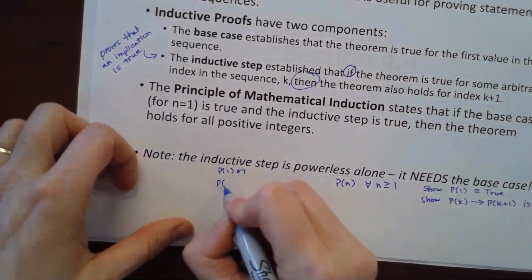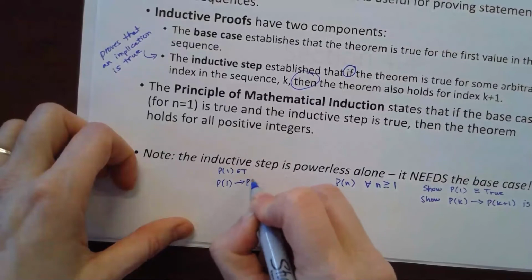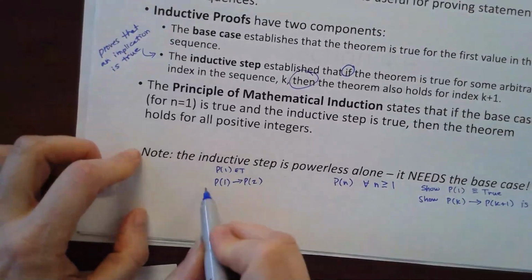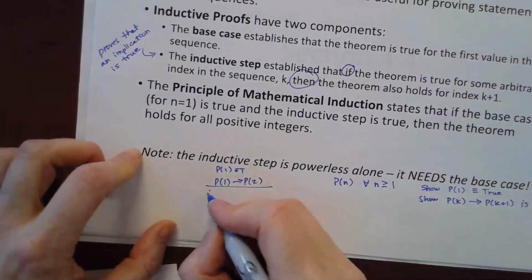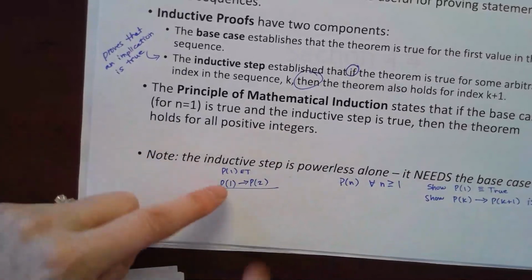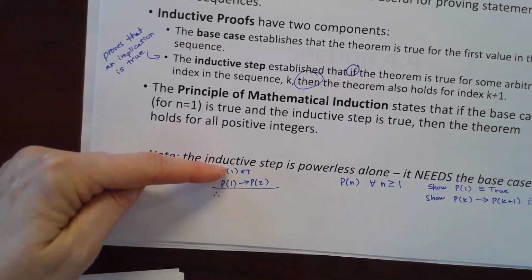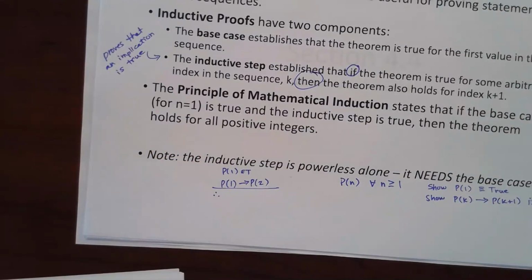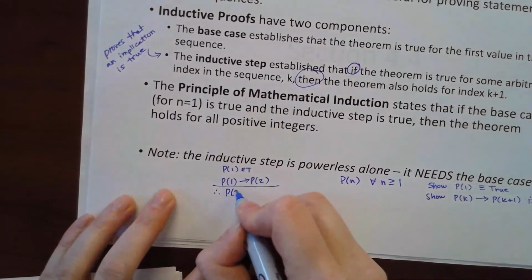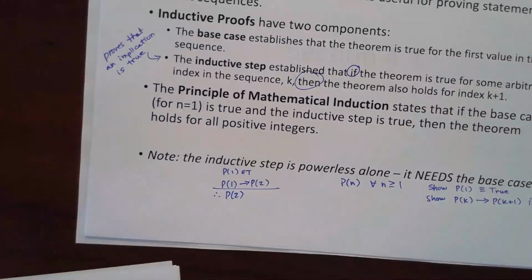So I could have that P of 1 implies P of 2. Well, if this implication is true, and I know the hypothesis is true, then by modus ponens, I can conclude that P of 2 is true. So now I know that if P of 1 is true, then P of 2 is true. P of 1 is true. So P of 2 must be true.